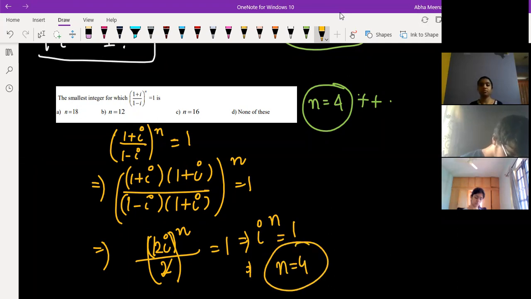So, none of these. Whenever you are asked in the question for the smallest integer or the smallest positive integer, the question should actually say smallest positive integer. I'll change it. Whenever you are asked about the smallest positive integer, it's not among what is given in the options.